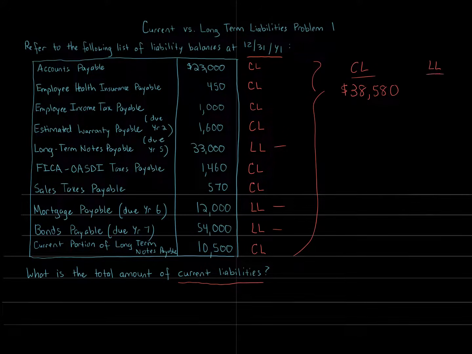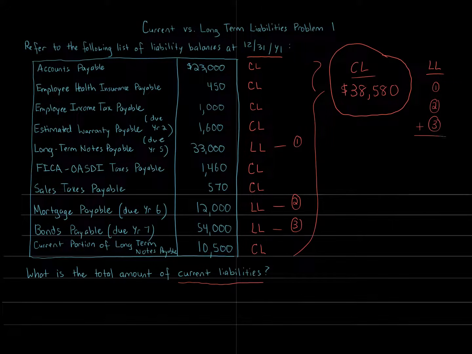The question was asking for the current balance of these items. If you're doing the long term, you just add together item 1, item 2, and item 3. That gives you the long-term liability balance as of 12/31 year 1 for the balance sheet. You just add those 3 numbers together if you were asked for long term.